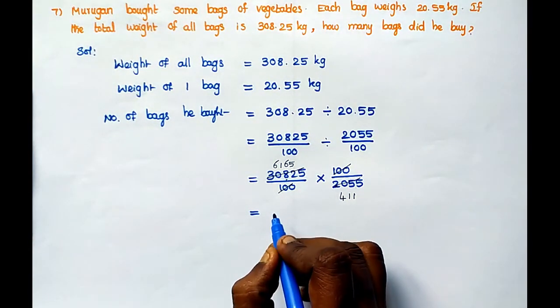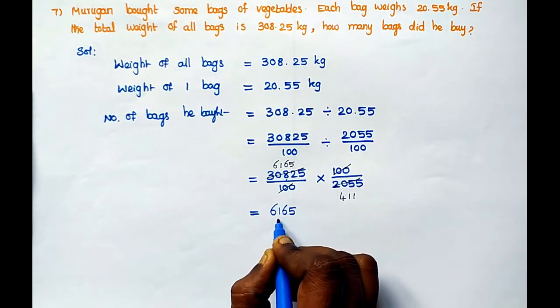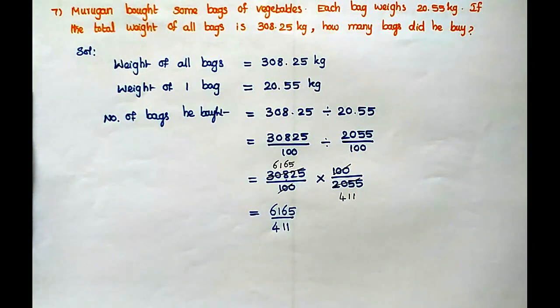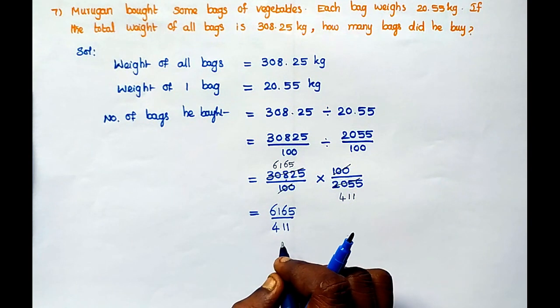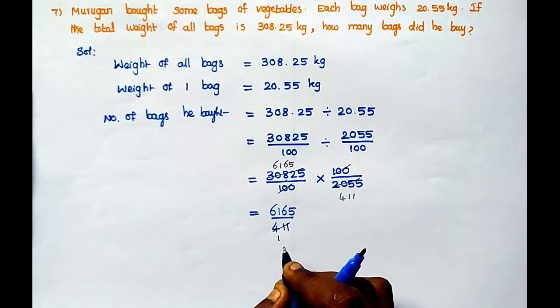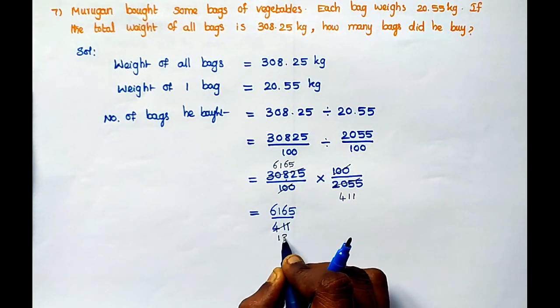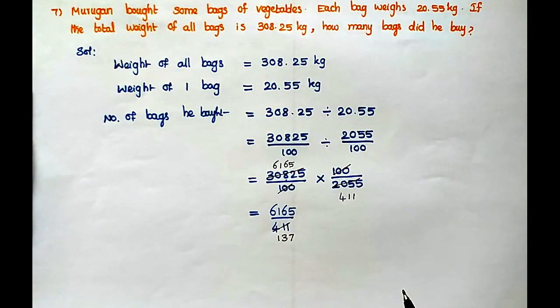Now write down the number 6165 divided by 411, again cancelled by the third table. 1 3 is 3, balance 1, it becomes 11, 3 3s are 9, balance 2, it becomes 21, that is 7 times.